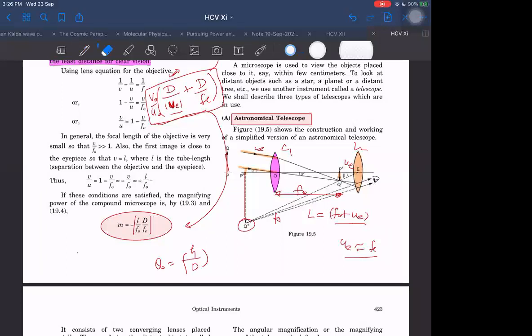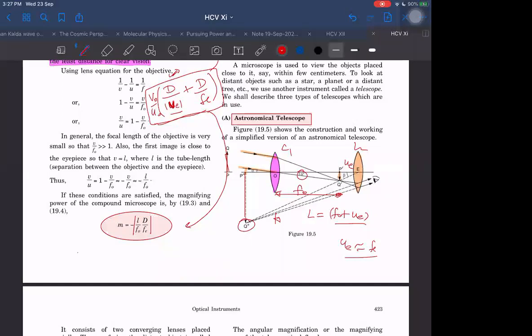Do I have any control over theta formed by the moon on my eye? If theta formed by the moon on the naked eye is theta naught, I cannot change that. That will be fixed, because I have no way to bring the moon closer to my eye. This was possible only for microscopes, but it's not possible for telescopes. So in telescopes, this theta naught will always be the same.